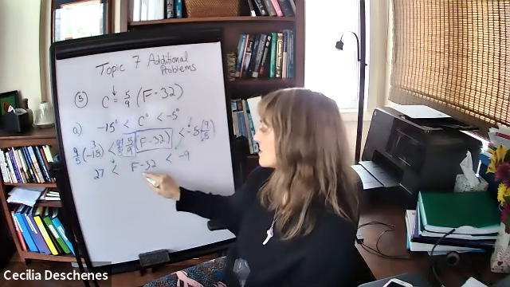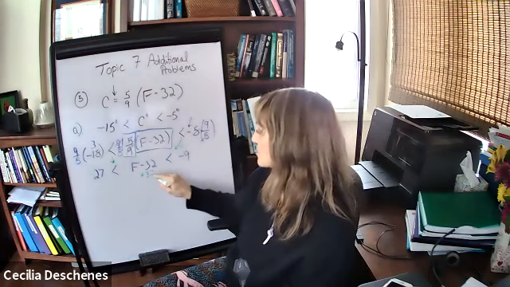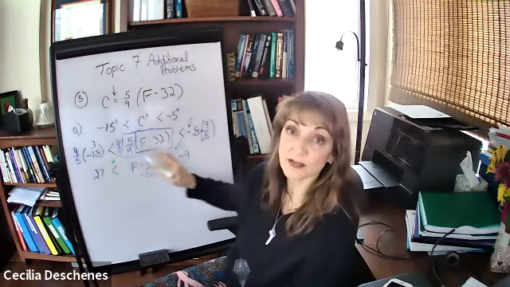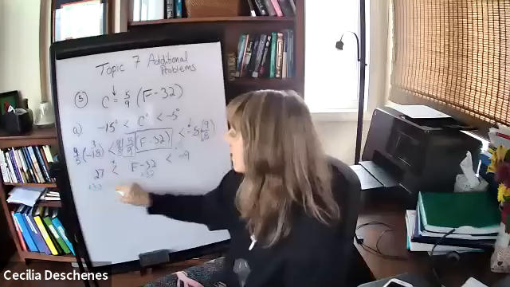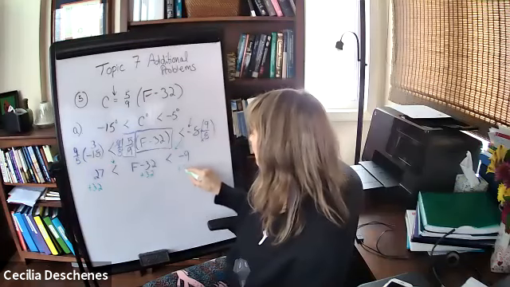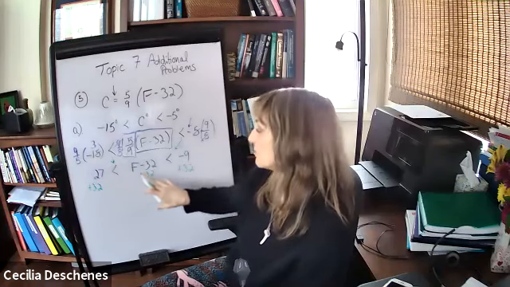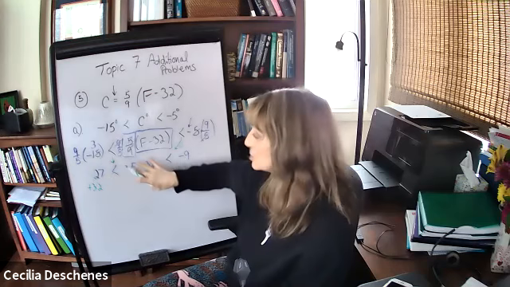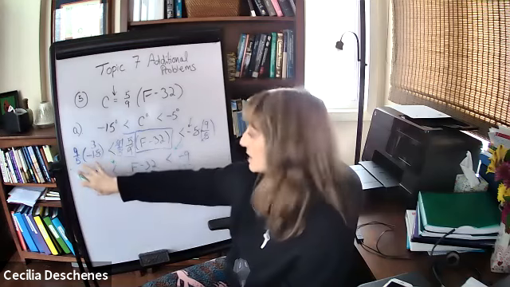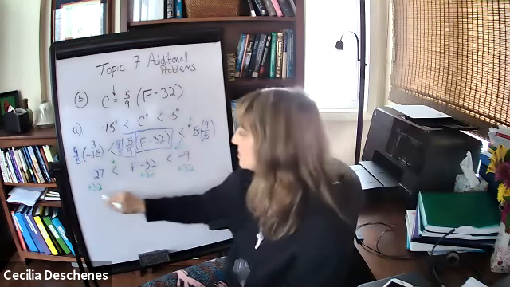So now we want to get F by itself. We're going to add 32 to both sides, to all 3 locations. Because if I want to keep the inequality true and accurate, what I do to any one part of the inequality, I need to do to the other parts.